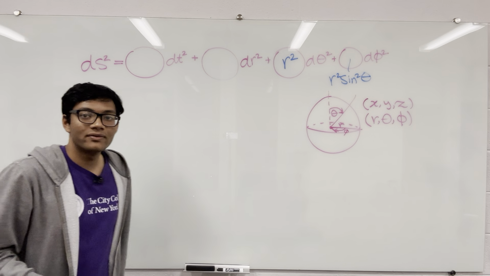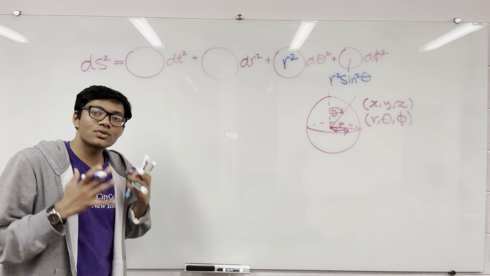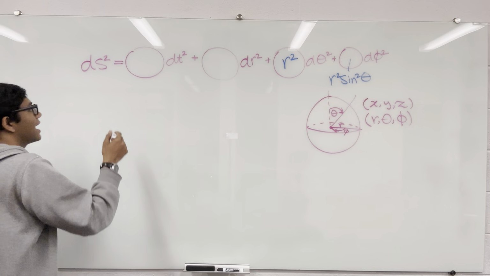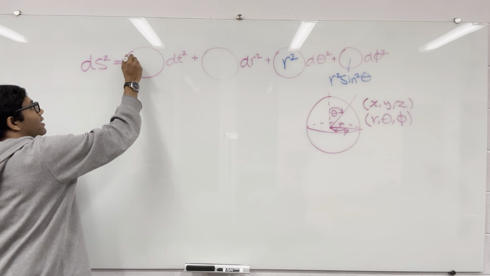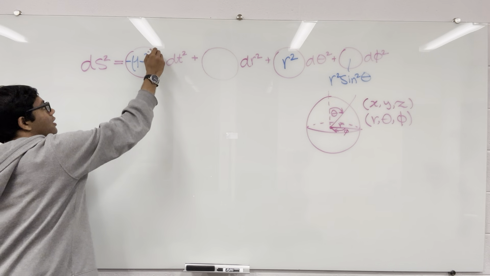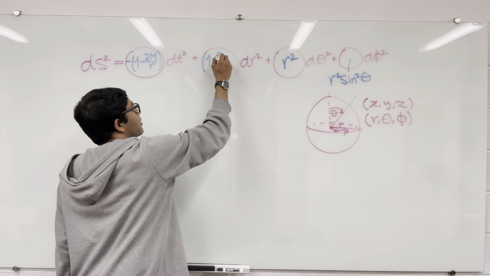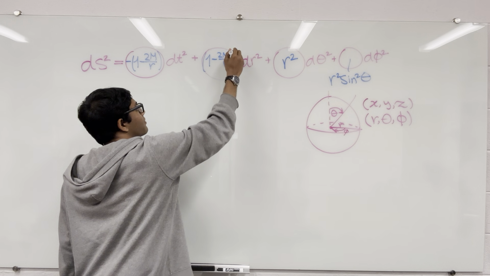Very simple. But for dt and dr, that's where the black hole makes an appearance. For dt, we have 1 minus 2m over r. And for dr, we have 1 minus 2m over r to the minus 1 power.